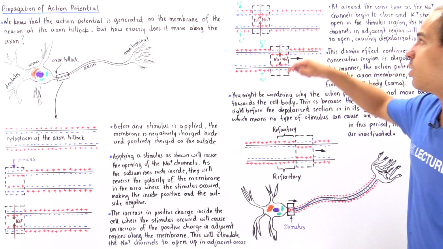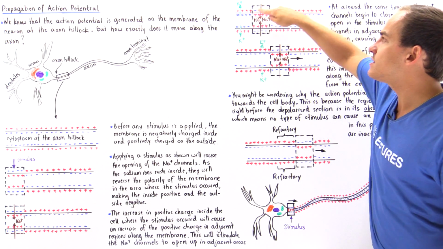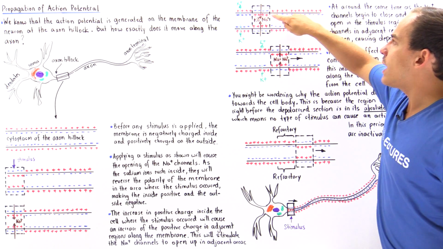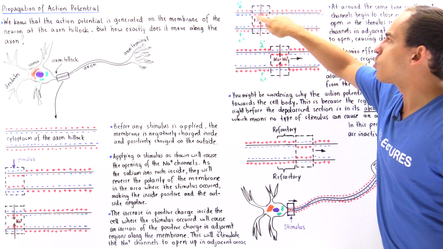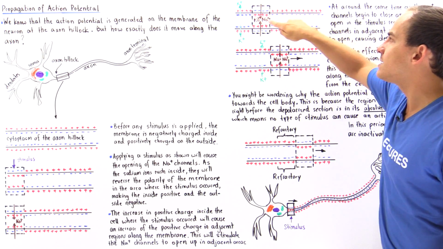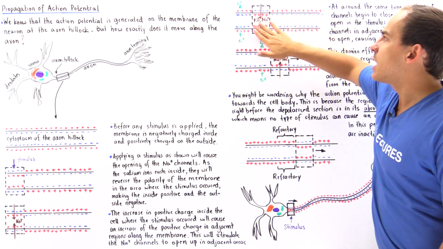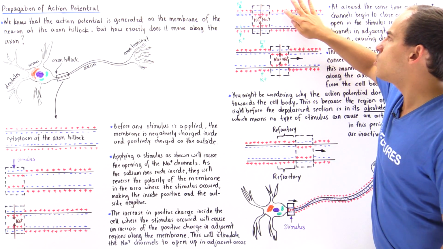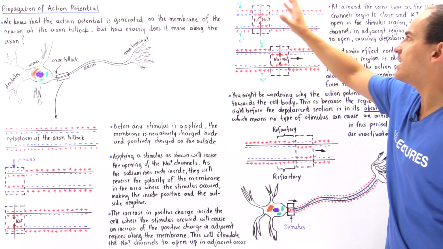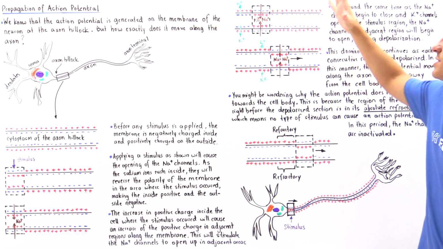And that's exactly what causes this section to depolarize. And the same thing is true here. So as this inside becomes more positive, this inside also begins to become more positive. And so as these channels begin to close, these sodium channels will begin to open. And so the action potential will begin to move in this direction.